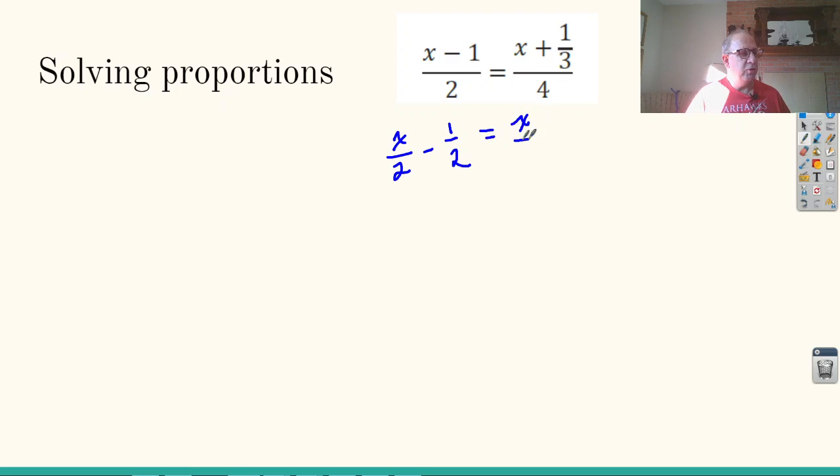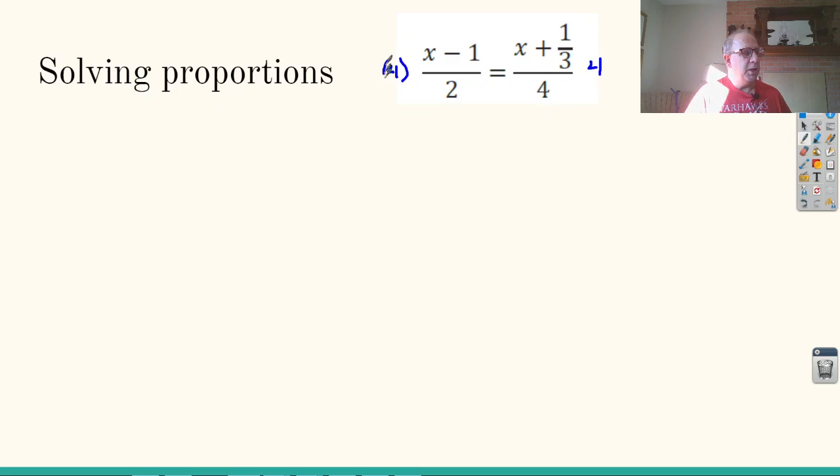And this would be x over 4 plus 1/3 over 4, which is kind of funky. I can work with it, but it's really kind of ugly to work with. What I really want to do is simplify.